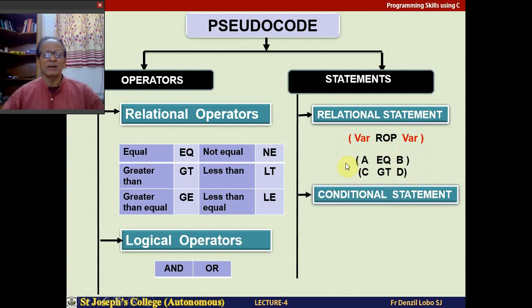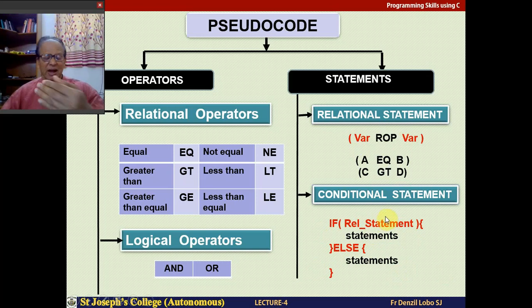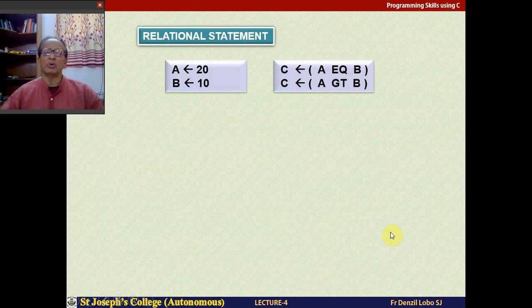So in English, I may ask, is A greater than B? That is what is done in my conditional statement. If this relational statement is true, you do this or you do that. So this becomes my conditional statement. I'll be explaining to you immediately at length how to form these relational statements and how to use them.